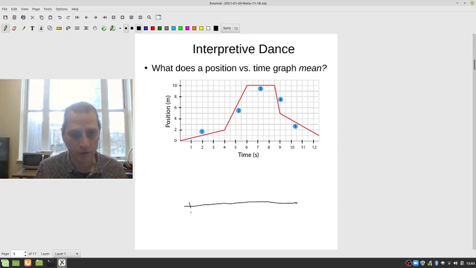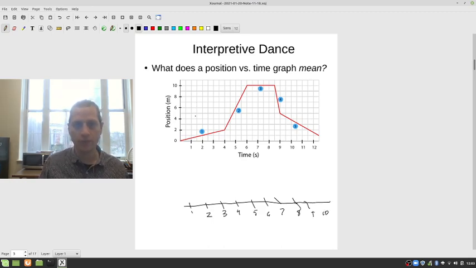You have markers marked in with masking tape or something like that, where it says 1, 2, 3, 4, 5, 6, 7, 8, 9, and 10. Okay, so that's our story here.